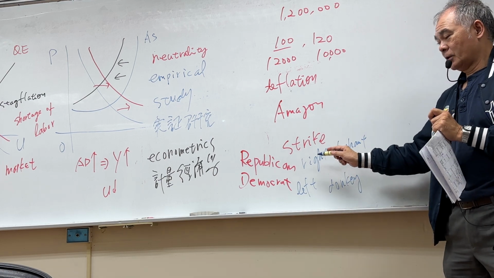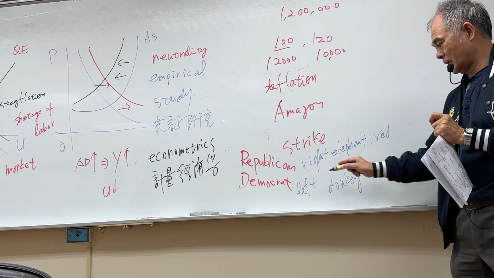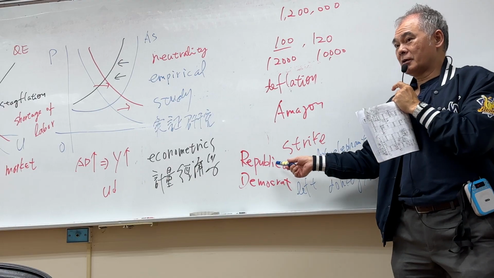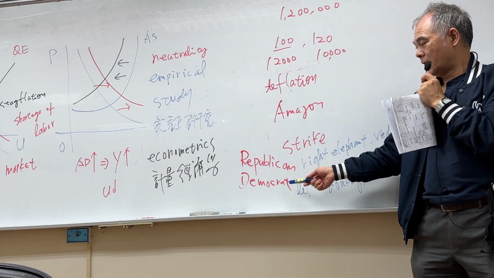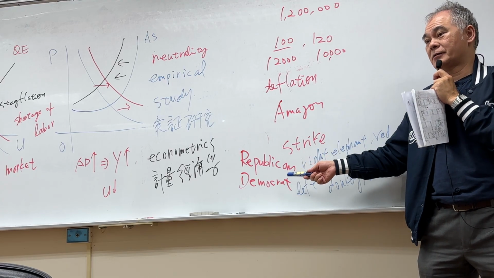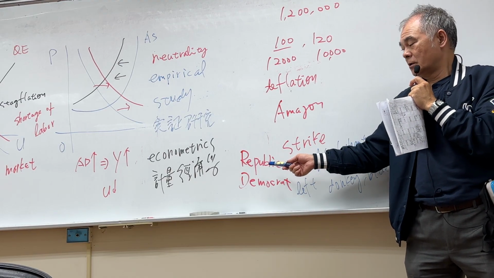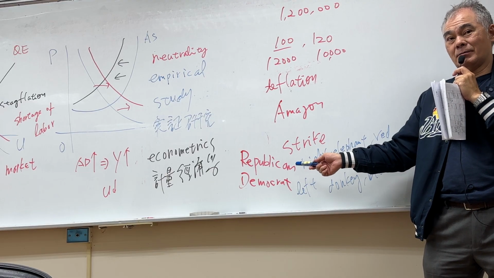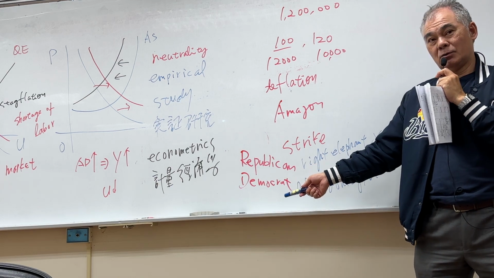The color for Republican is red. The color for Democrat is blue. Okay? Generally, Republicans are pro-business and Democrats are pro-labor. Because of the differences, generally, if you vote Republicans, the market is going to be better. But for Democrats, it is usually worse.